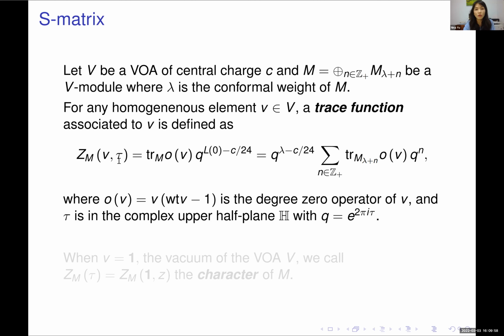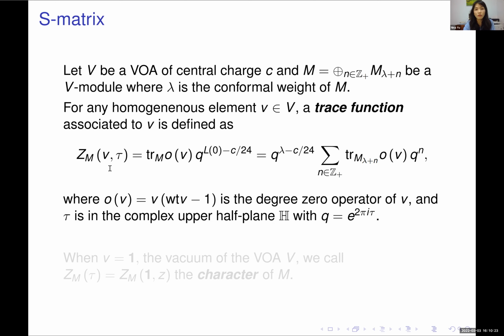Here, tau is some element in the upper half plane. This is the trace of the operator o(v) q^(L0 minus C over 24). This o(v) is the degree 0 operator. And the relation of q and tau is that q equals e to 2 pi i tau. This is the trace function.